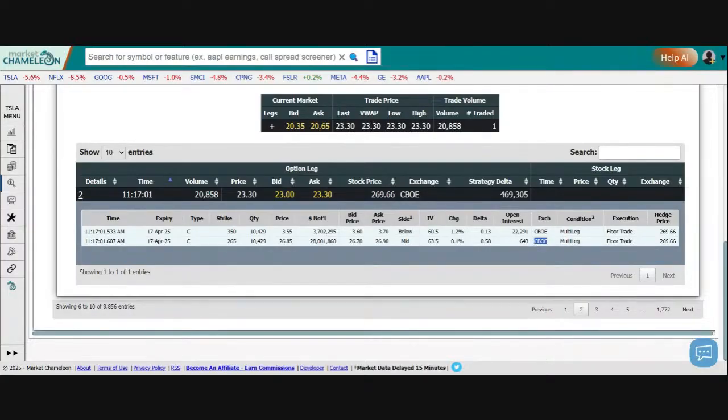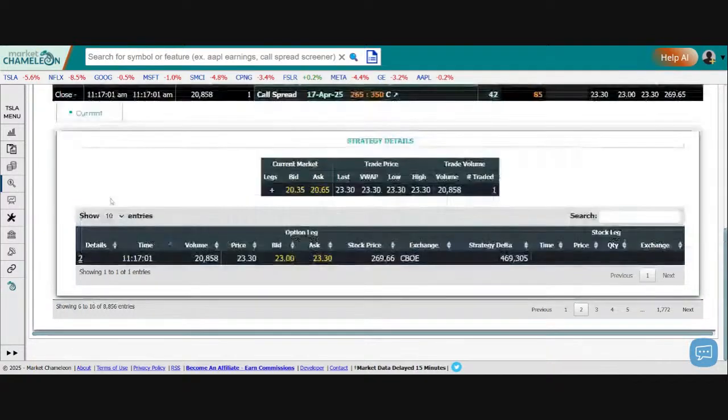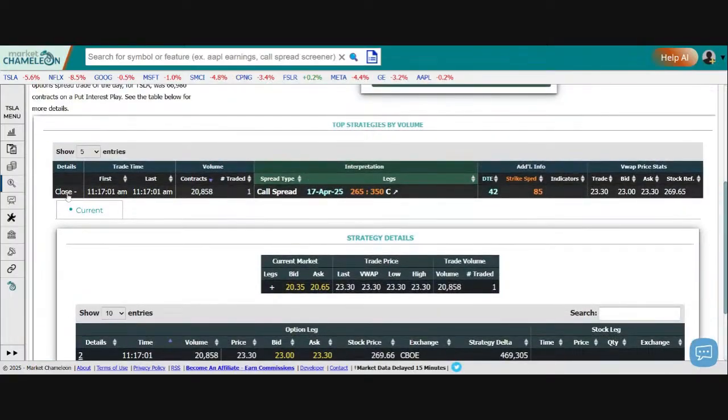So now we're just getting an idea of the order flow, right? What happened in some of the order flow in the options markets yesterday in Tesla, observing the option spreads, and it gives us more insights into what's going on, right?